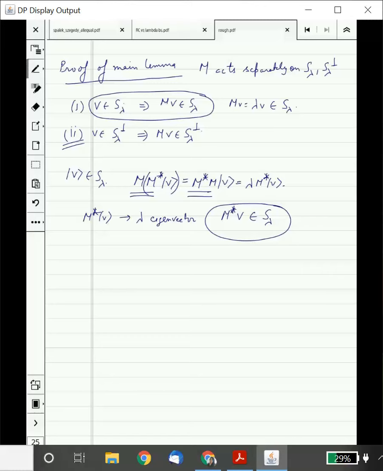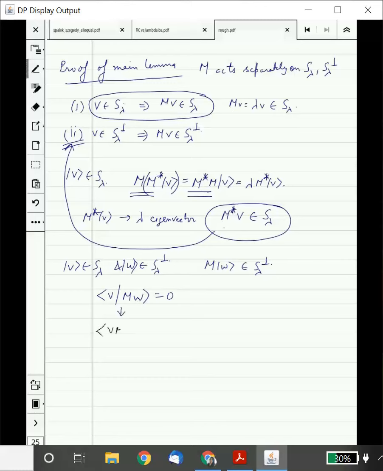This property easily shows property 2. How? Let's take V to be an element of S lambda and W to be an element of S lambda perp. Then I want to show that MW is an element of S lambda perp. That means I want to show that V inner product MW is 0. But this is the same as M star V inner product W, by the property of the inner product.